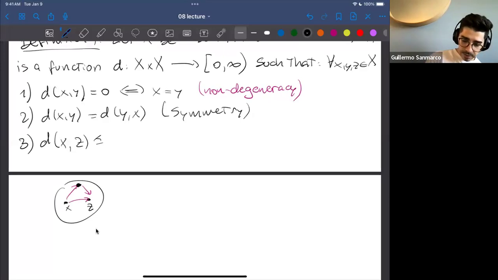Distance from X to Z should be smaller than or equal to the distance from X to Y plus the distance from Y to Z. And this is called the triangle inequality.